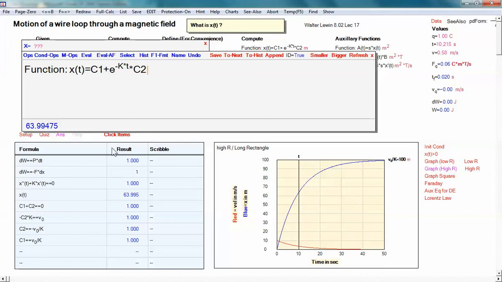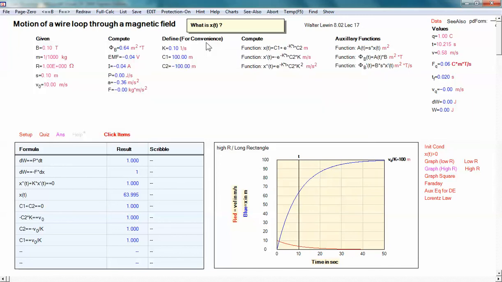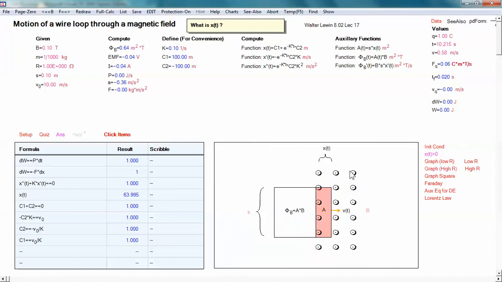Now, notice what this is saying. This is saying that it will take about 50 seconds for this thing to slow down almost completely, and it'll take 100 meters for it to slow down. So that means in terms of our initial picture, this B field has to be 100 meters long. And this side here, the top side or the bottom side, has to be at least 100 meters long also.